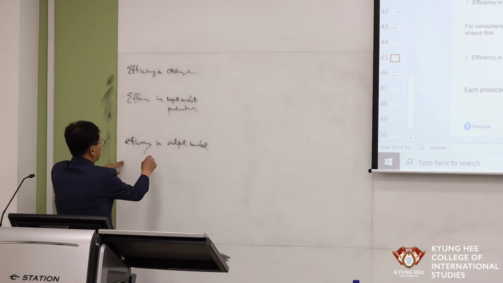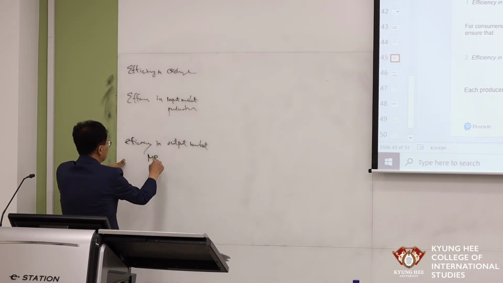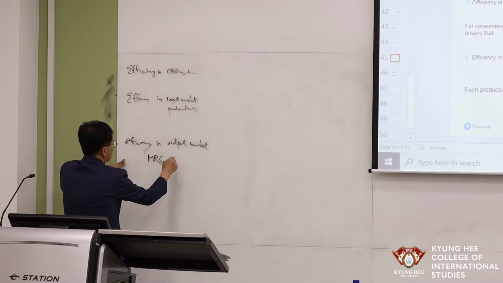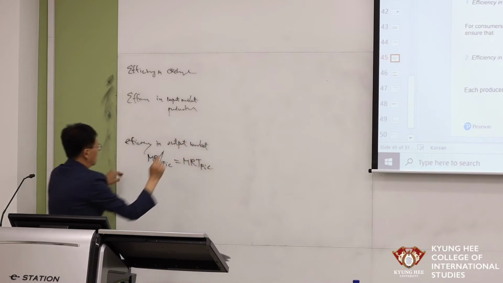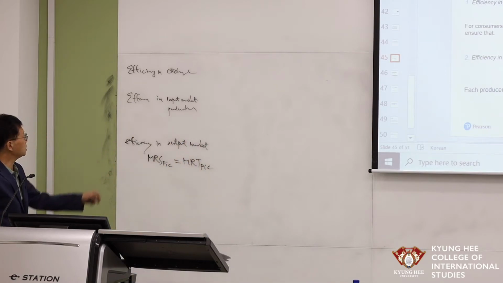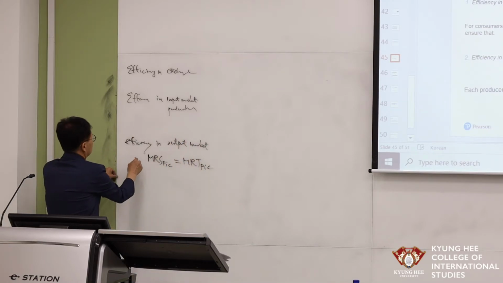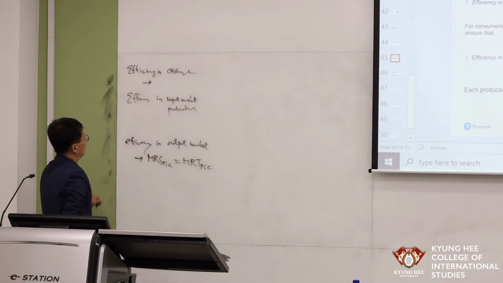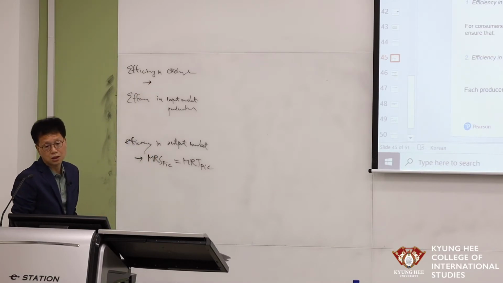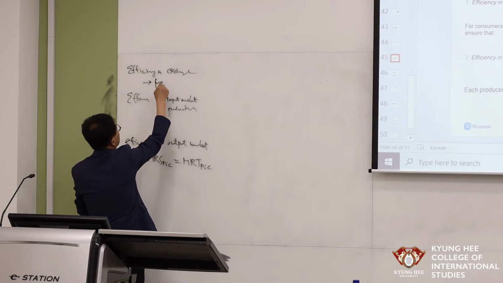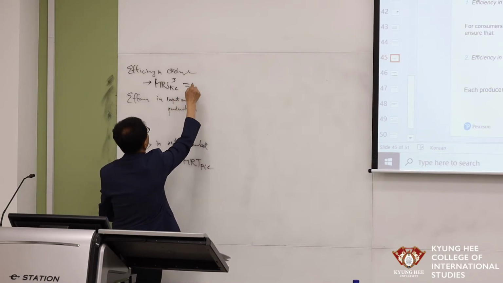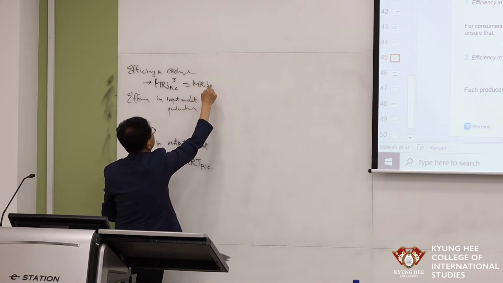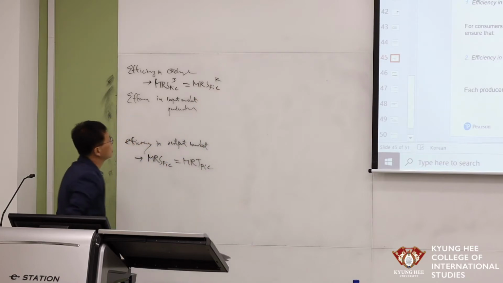That is, what is this? MRS, food for clothing, is equal to MRT, food for clothing, right? Efficiency in exchange is MRS, food for clothing of James is equal to MRS, food for clothing for Karen, right?